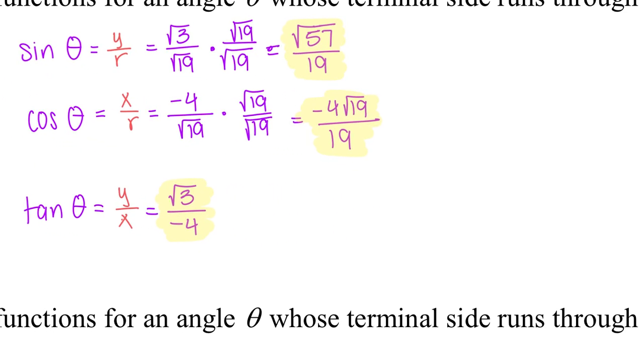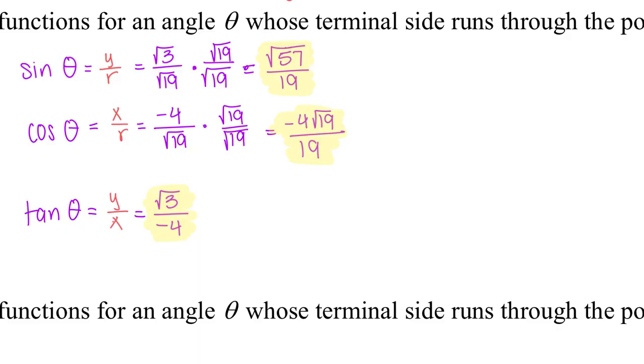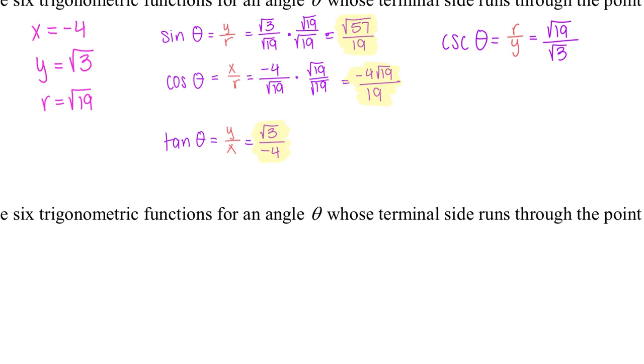Now, I'm not just taking the answer I got for sine and I'm not just flipping it. Pay attention to how I'm writing this. Okay, so cosecant theta is r over y. I am taking the square root of 19 and dividing it by the square root of 3. Take your actual r and y. Over here we solved for r.